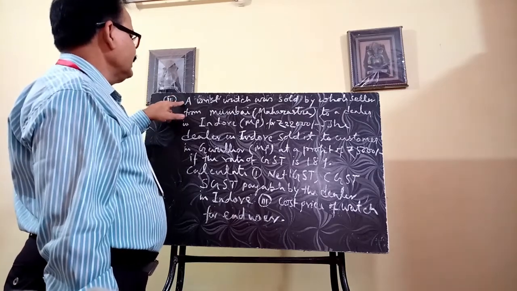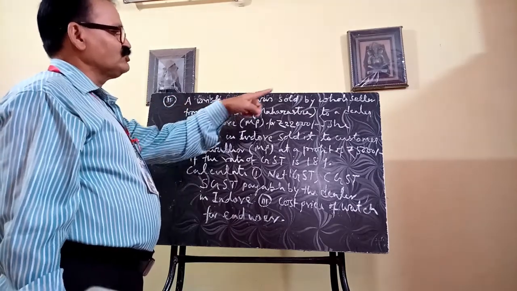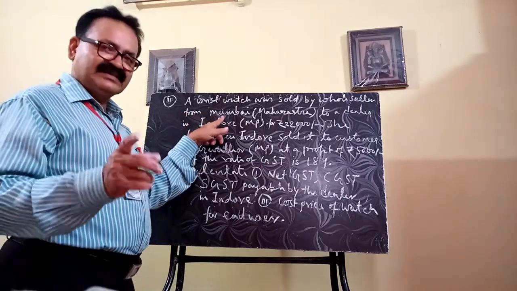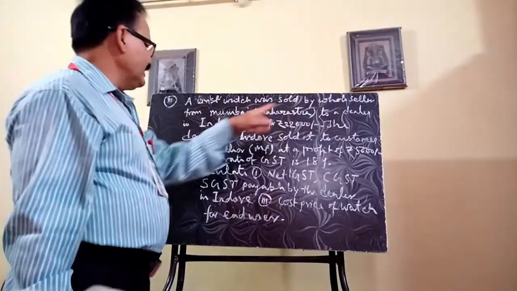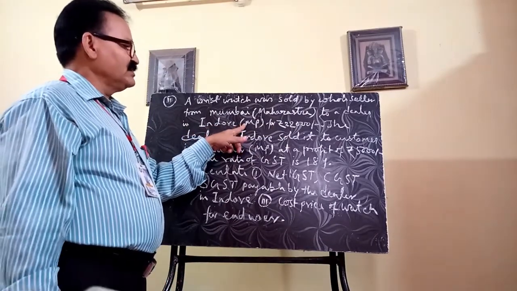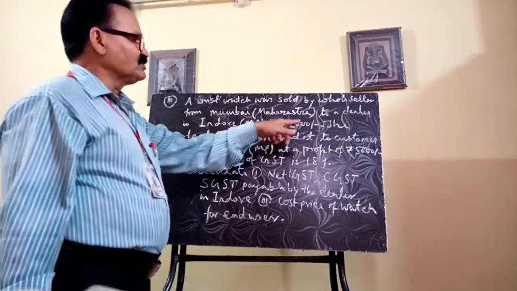In this question, a wristwatch was sold by the wholesaler from Mumbai, Mumbai is in Maharashtra, to a dealer in Indore, Indore is in MP, for rupees 22,000.